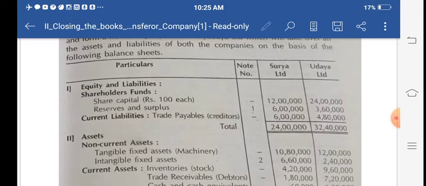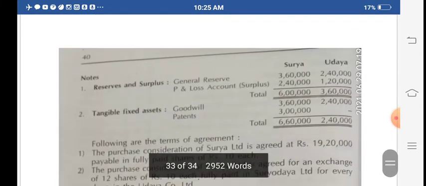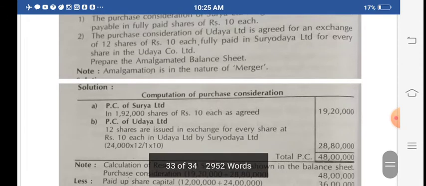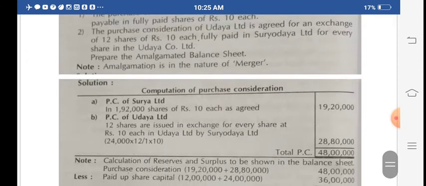Then 24,000 into 12 divided by 1, into 10, gives the purchase consideration for Udaya Limited: rupees 28 lakh 80,000, because it is mentioned that 12 shares of rupees 10 each, fully paid in Suryodaya Limited, are given for every 1 share. Now make the total for Surya Limited and Udaya Limited. The total purchase consideration will be 48 lakh.